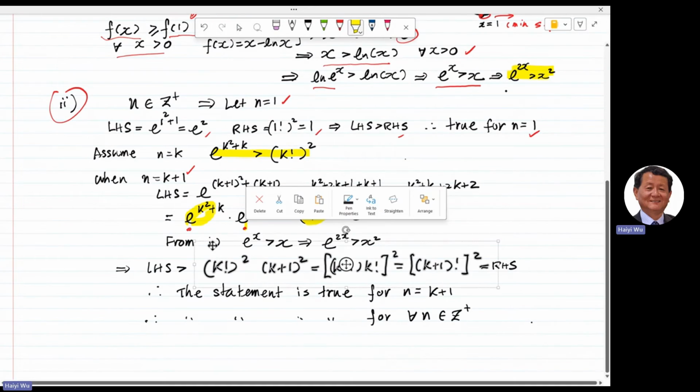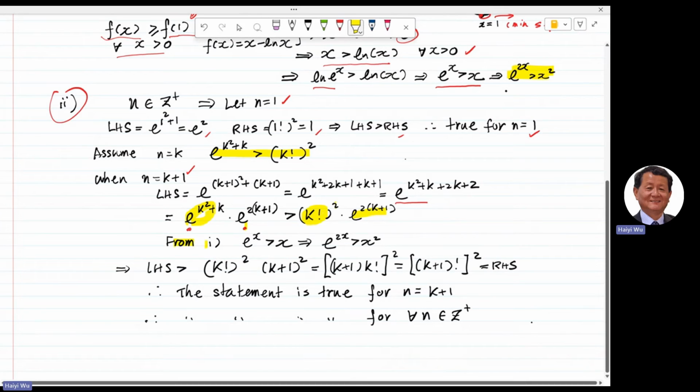Now, from equation number 1, we got e to the power of x greater than x. So e to the power of 2x must be greater than x squared. So this is a 2x, therefore this will be greater than (k plus 1) to the power of 2. So we replace that, that's the x.